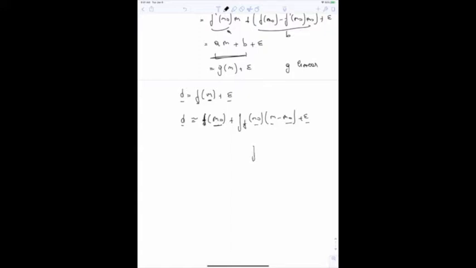Now, the Jacobian of f is simply the derivative of f1 in dm1, the derivative of fn in dm1, the derivative of f1 in dmm, and the derivative of fn in dmm.